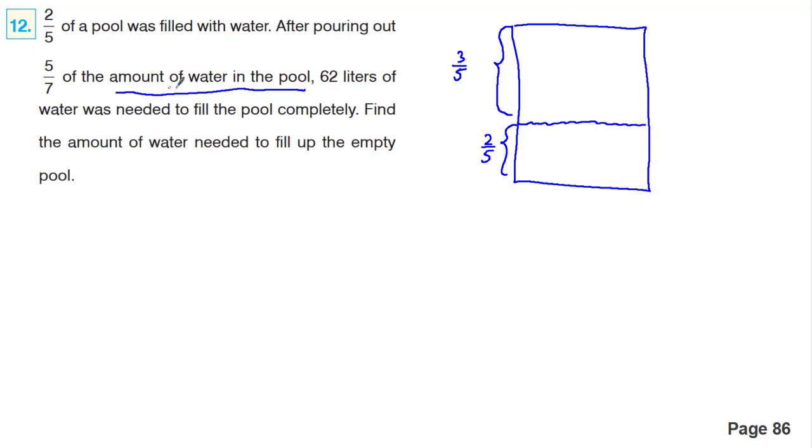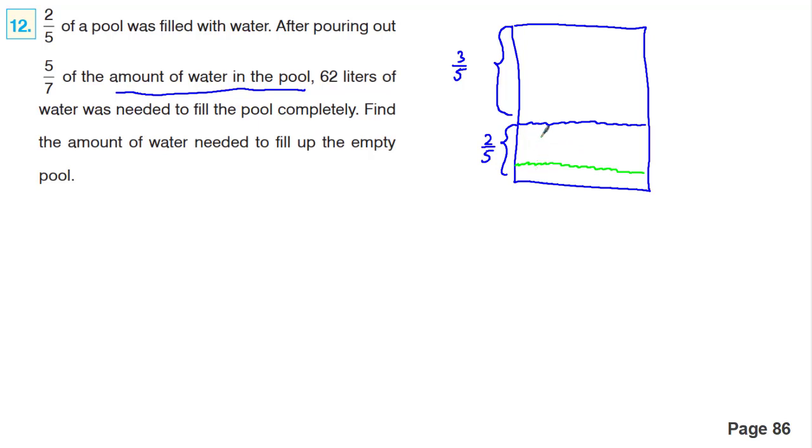But then it says we are removing 5/7 of this water. So this water drops down to somewhere here. By how much does it drop? Well, we know that it removes 5/7 of this amount here, not of the total amount. So how do you find by how much the water dropped?